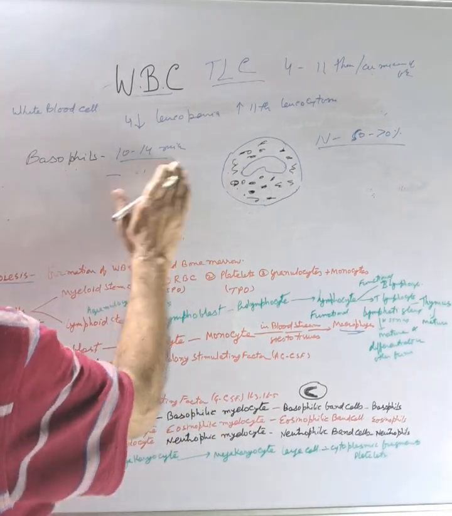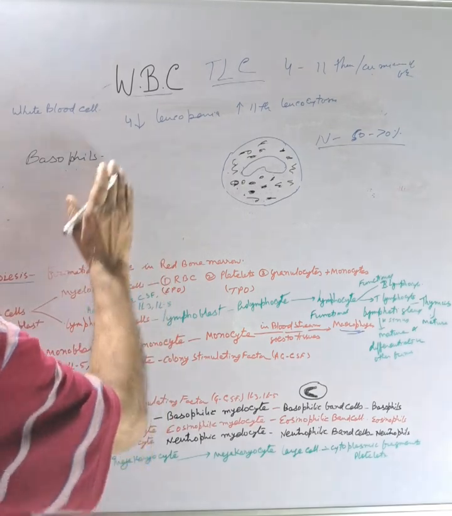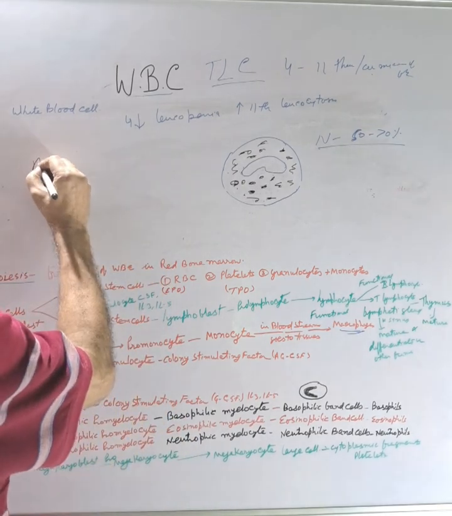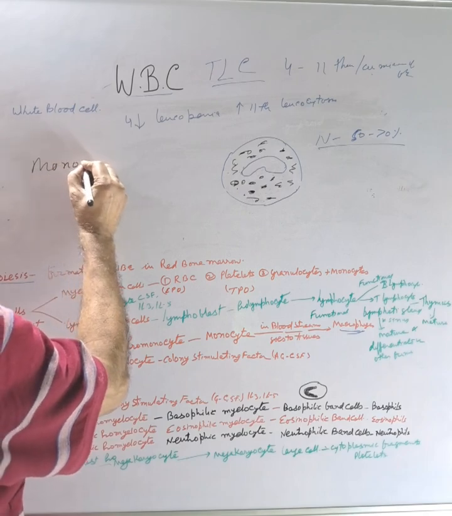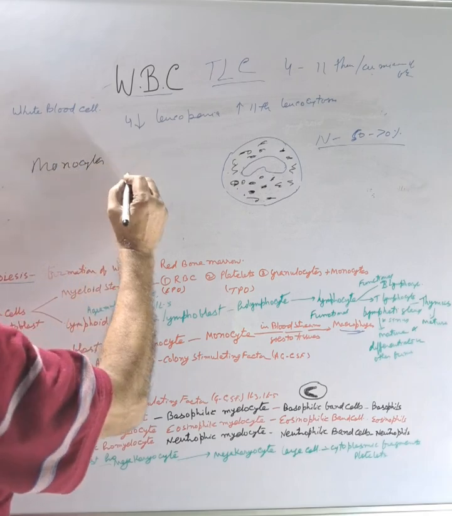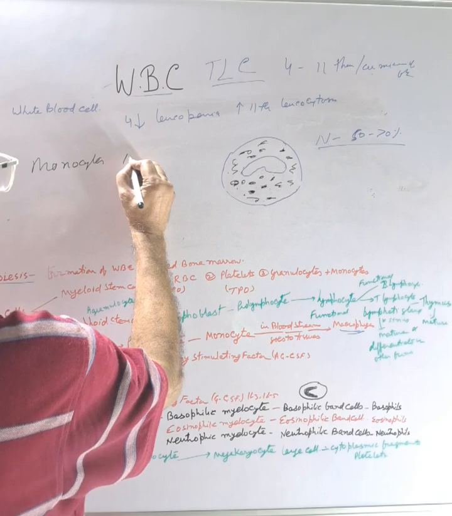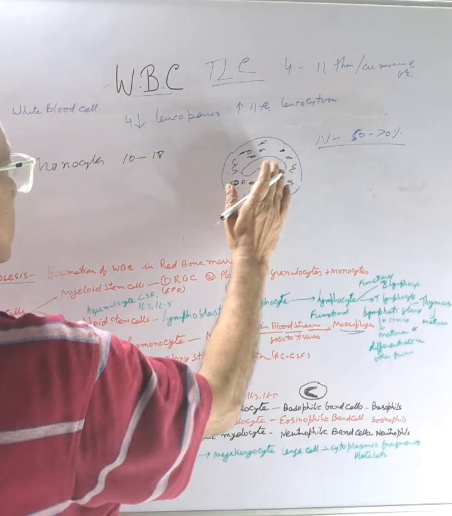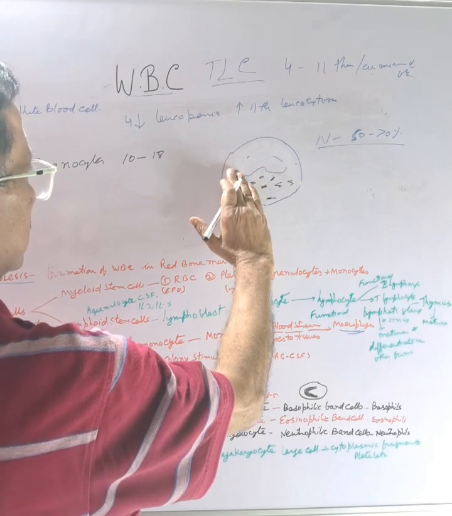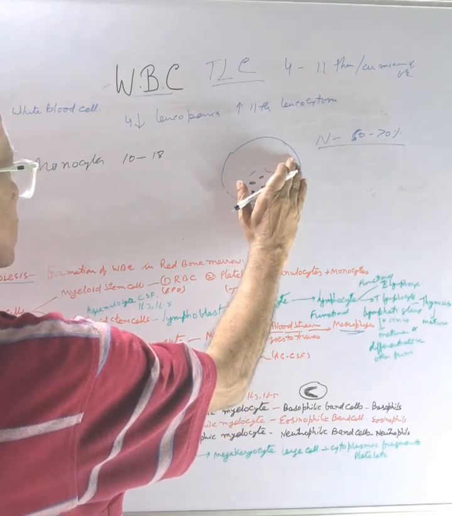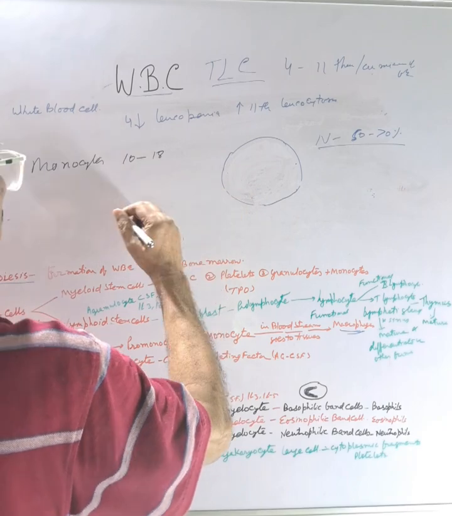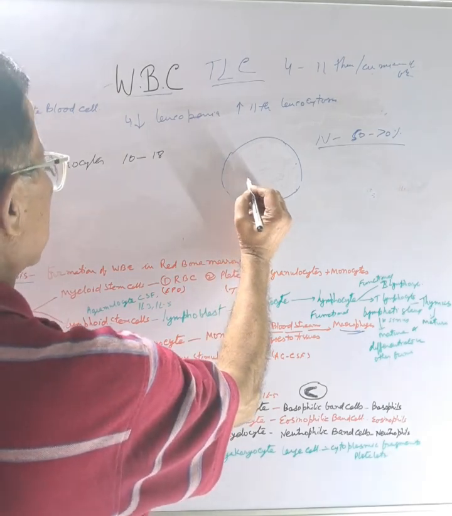Now monocyte. Monocyte is the largest cell of WBC. It is the largest cell of the blood. Size is 14 to 18 micron.